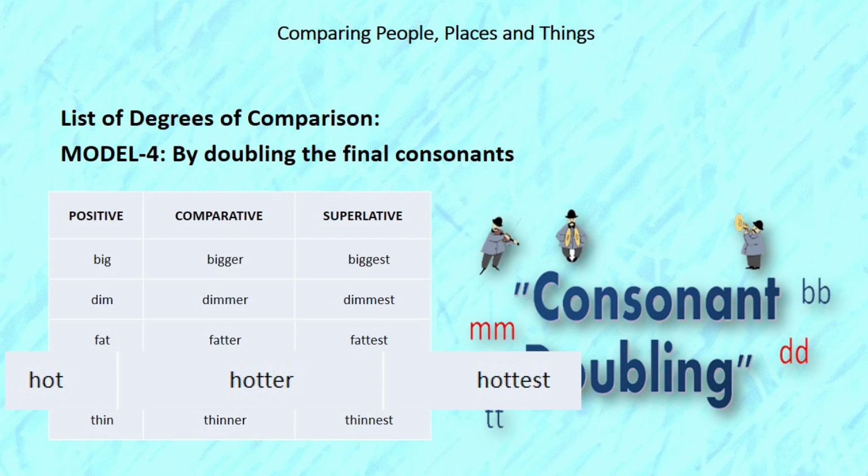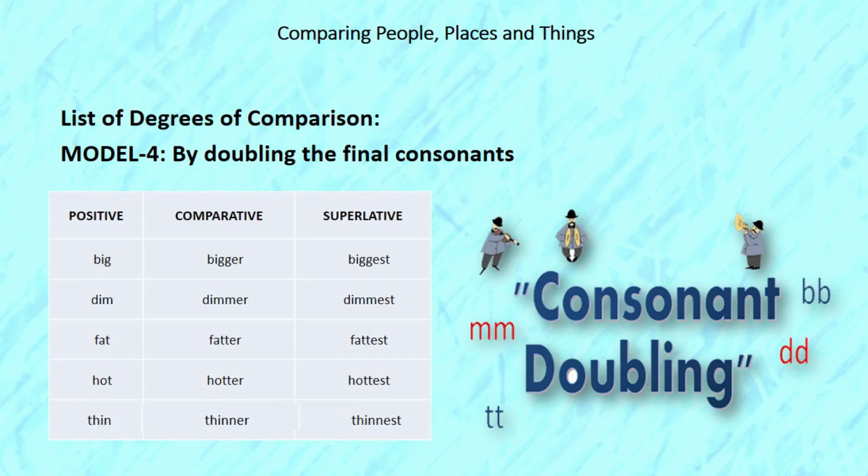It becomes hottest in the superlative form with the usage of two T's and an addition of EST. The same way, thin becomes thinner in the comparative form with the usage of two N's and an addition of ER, and thinnest in the superlative form with the usage of two N's and an addition of EST at the end.